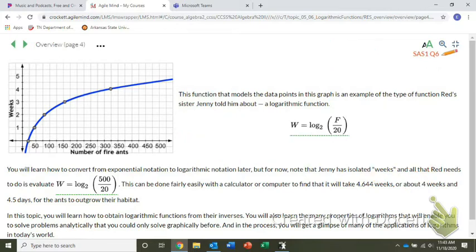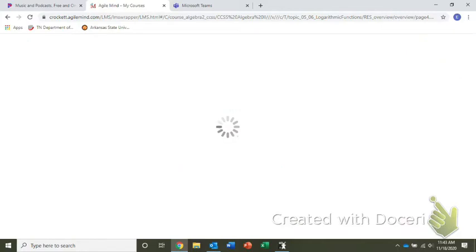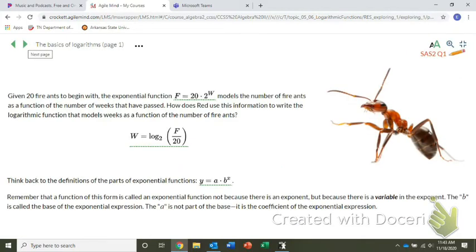All right, now flip over to the next page. And it gives us this right here. F equals 20 times 2 to the power of W. Okay? On number 1, on your page 367, it asks us name the base, the coefficient, and the exponent. Well, which one do you know right off the bat?